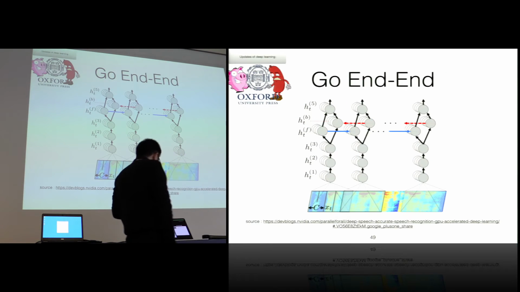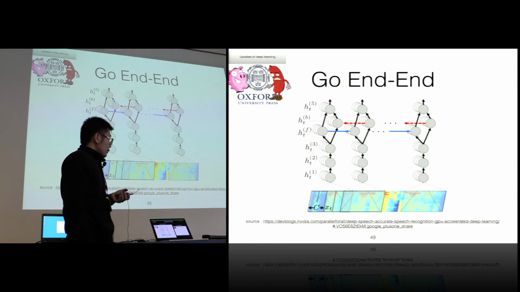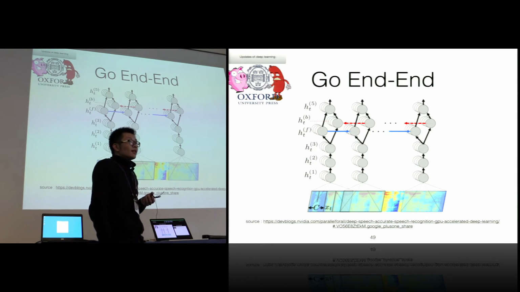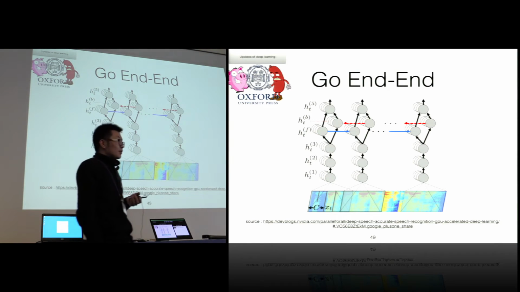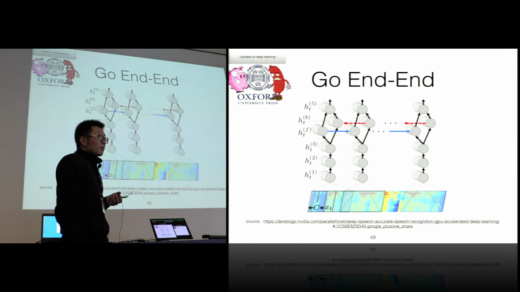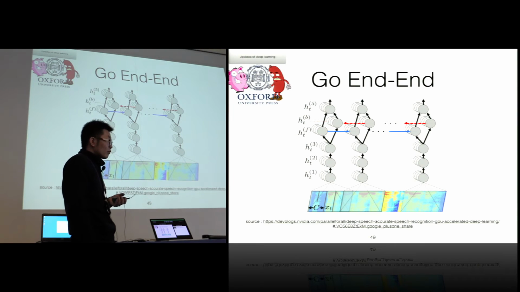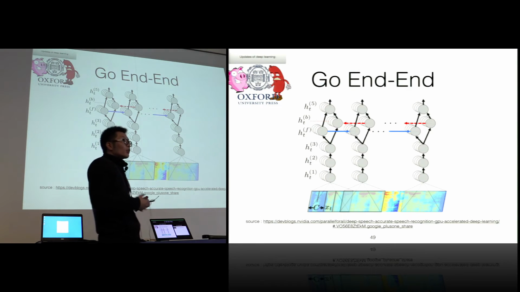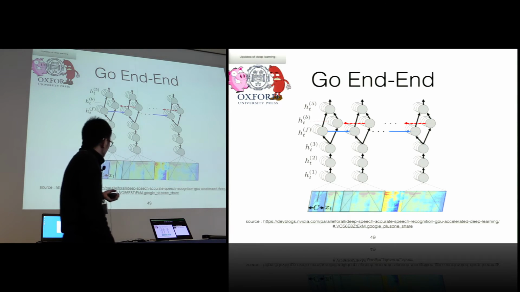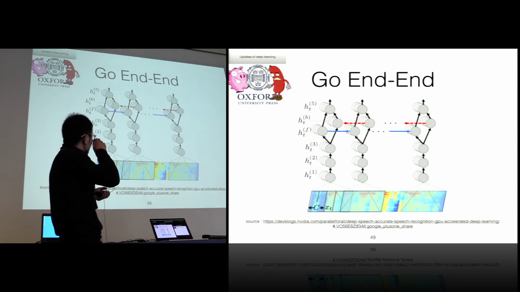Also, I mentioned we are going end-to-end. We want to fully automate systems like speech recognition. Before deep learning, we had to engineer lots of systems and combine them in a pipeline to make it work. With deep learning, this is shown by Baidu Research.